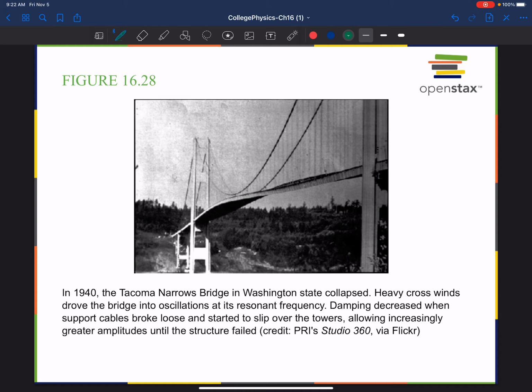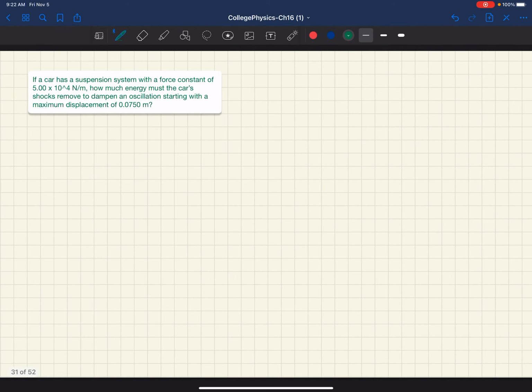The wind caused it to start oscillating at that frequency, because that is where it's going to be, I guess, most powerful, for lack of a better word. The support cables actually broke, which decreased the amount of damping, and the bridge just began oscillating out of control until it eventually failed. So we definitely use this in the real world.